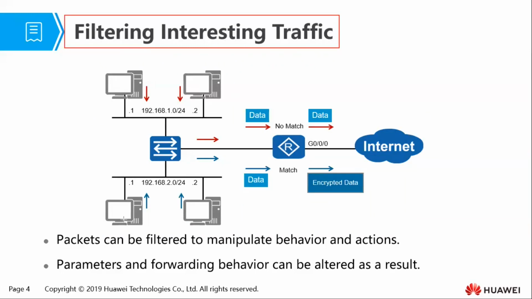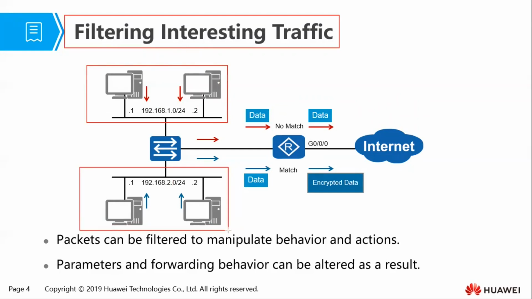Now, let's look at this example. Again, here we have two networks. The red network, let's call it the students network, and the blue network, we call it the management network. So really, you want the information that is sent over the internet from the management to be encrypted, because they are most likely sending sensitive data.